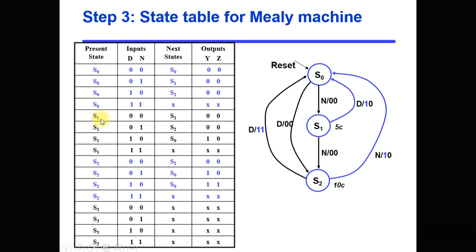In state S1 there are further possibilities. If no more nickels or dimes are added, it remains at state S1 and no output is obtained. But if at state S1 we add 5 cents, it comes to state S2, which equals 10.